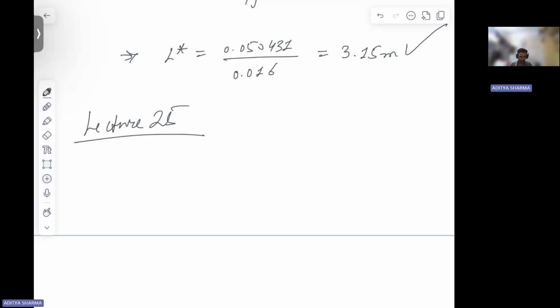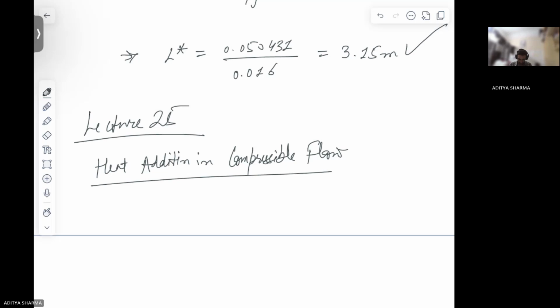Also, in heat addition, if you talk about your total pressure, this total pressure decreases on heat addition, and your total temperature increases.